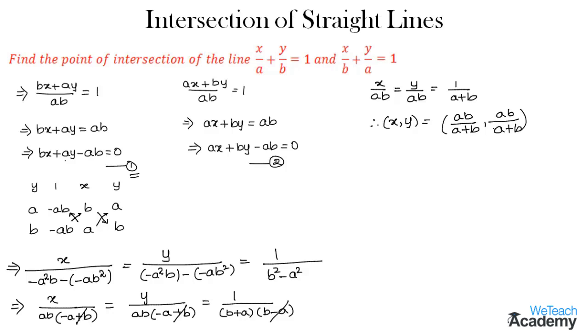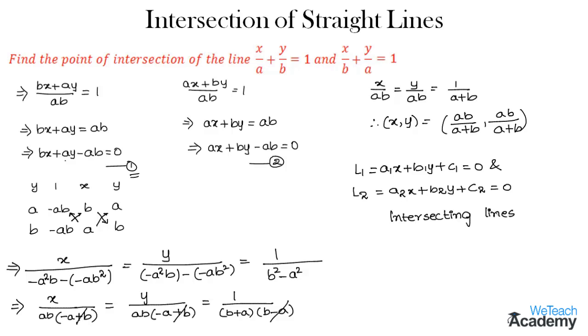Make a note of this method, or else there is a direct formula. When L1 is equal to a1x plus b1y plus c1 is equal to 0, and L2 is equal to a2x plus b2y plus c2 is equal to 0, which are nothing but the intersecting lines, then their point of intersection is given directly by the formula b1 c2 minus b2 c1 divided by a1 b2 minus a2 b1 comma c1 a2 minus c2 a1 divided by a1 b2 minus a2 b1.